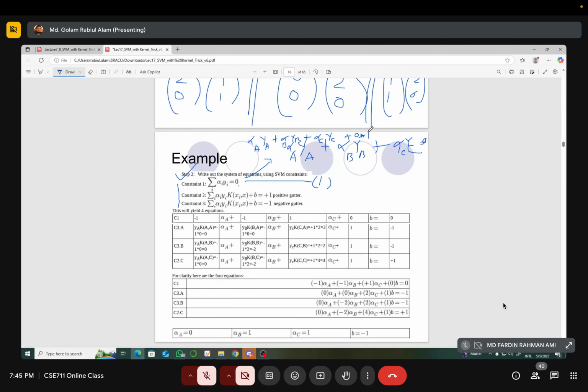That means in this equation we don't have the b, equal 0. So the first equation we can rewrite in this form, and we can see here alpha a ya and alpha c.